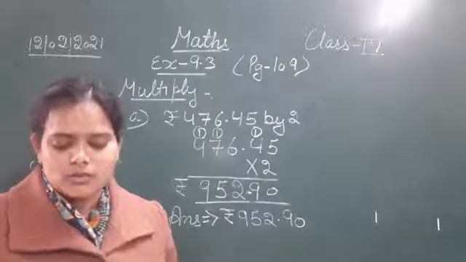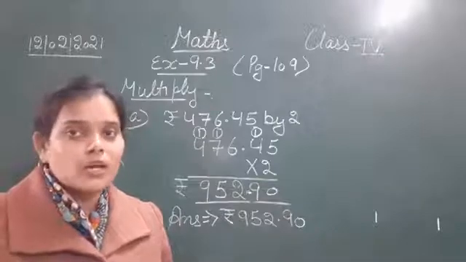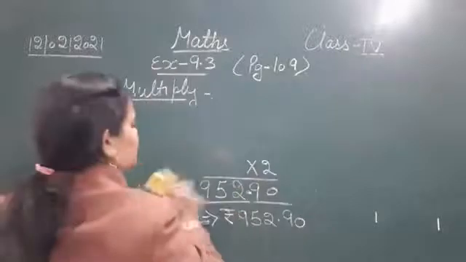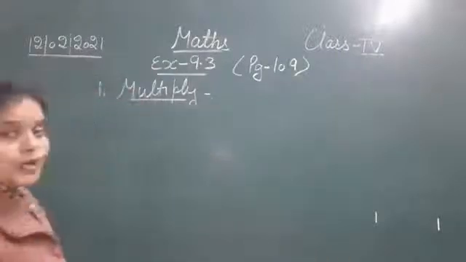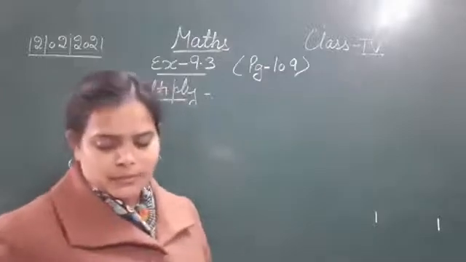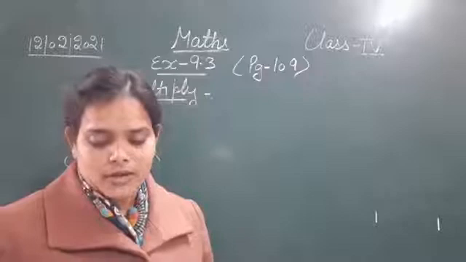Okay, so let's do more calculations or more multiplication, and all doubts will be clear. Chaliye, moving to the B part from the same sum number 1. In the B part we have to multiply 189 rupees 30 paise by 5.